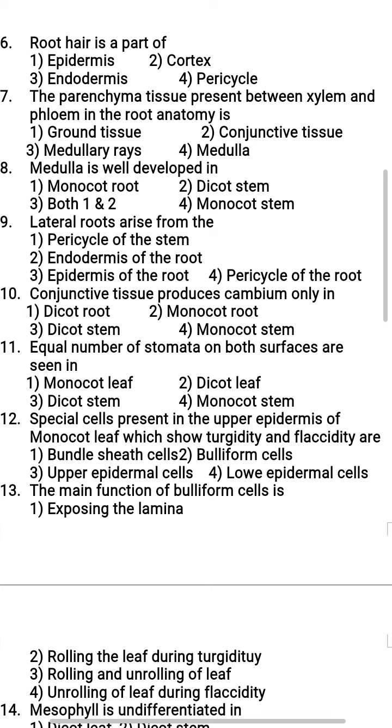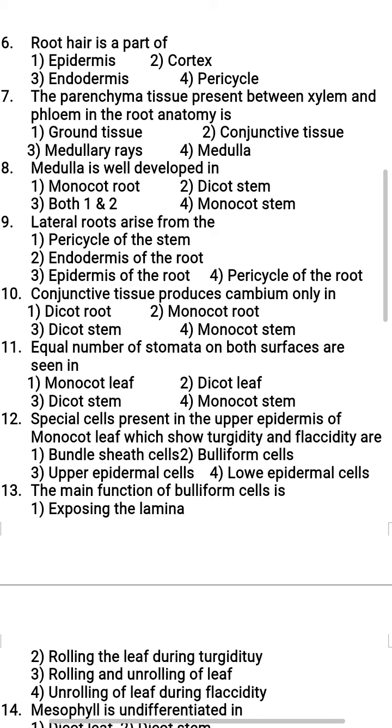This is a very important point. In plants like grasses and of course maize and wheat, rice, etc., certain adaxial epidermal cells, it means upper epidermal cells, along the veins modify themselves into large empty colorless cells. These are called bulliform cells.